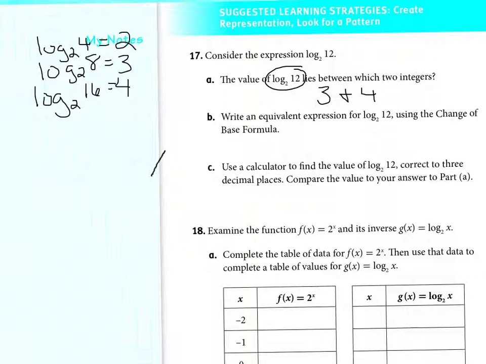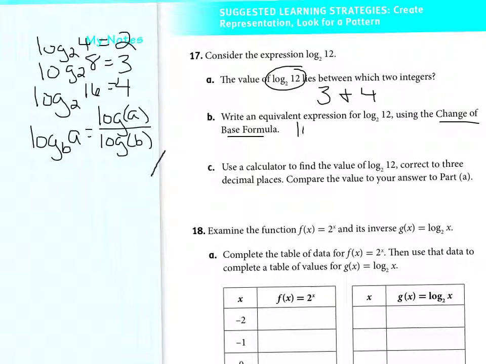Well, to find the exact value, we can use what is called that change of base formula. That change of base formula, remember, we just reviewed it, would be the log of that argument divided by the log of your base. So log base 2 of 12 I could represent as log of 12 over log of 2.